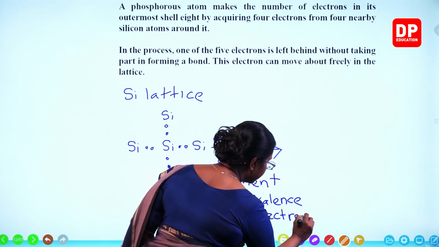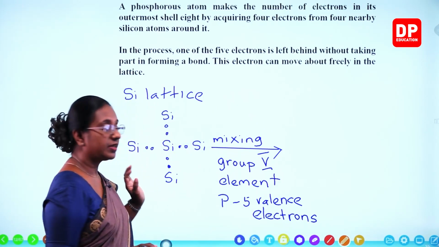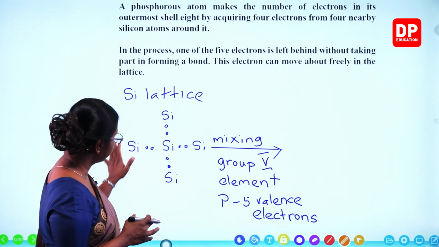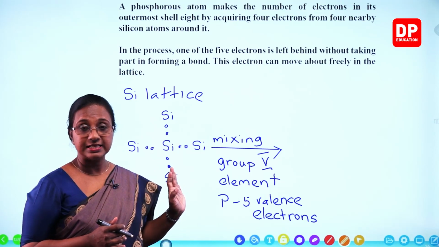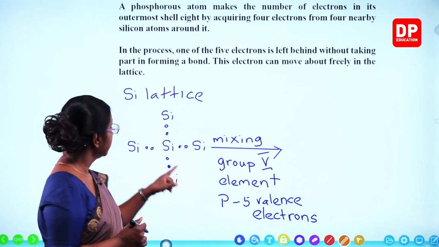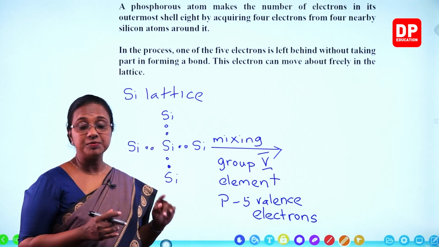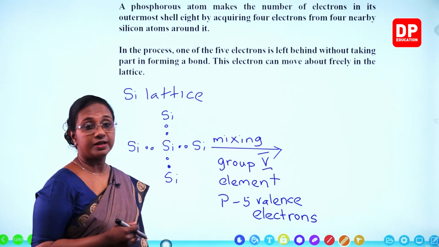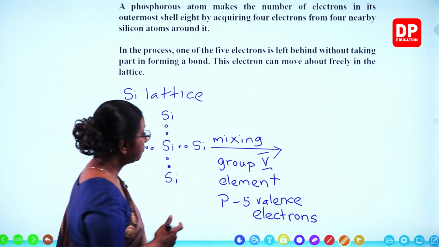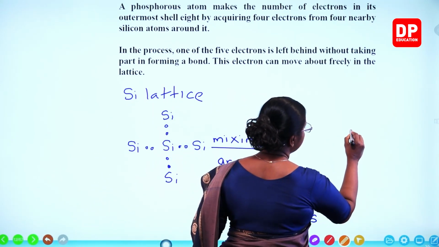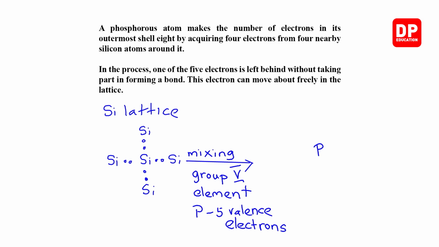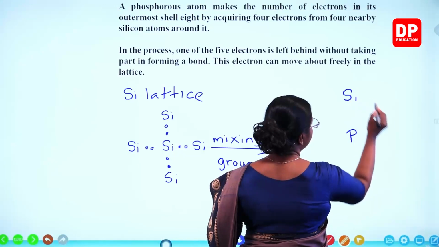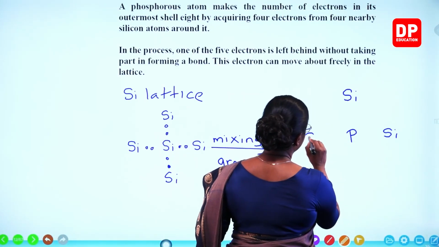Now, when a small amount of phosphorus is mixed with the silicon lattice, then some of these silicon atoms will be replaced by the phosphorus atom. So, if we look at that situation, we will have a phosphorus in the middle instead of the silicon, and around that, we will have all the other silicon atoms.